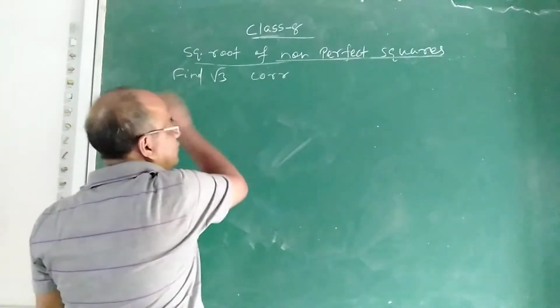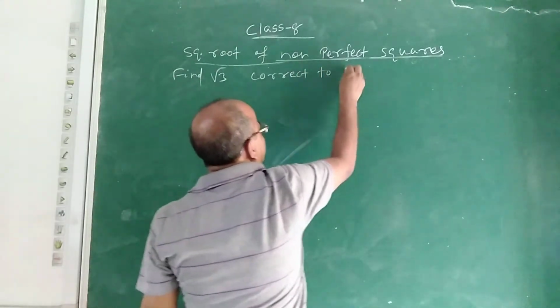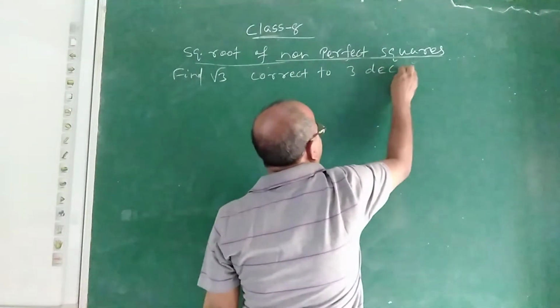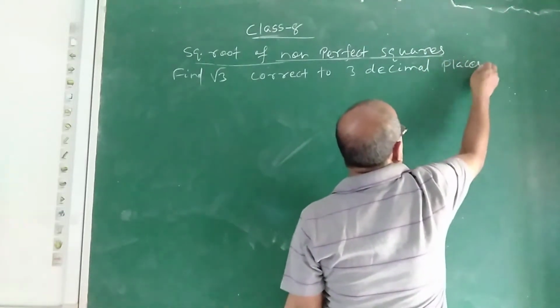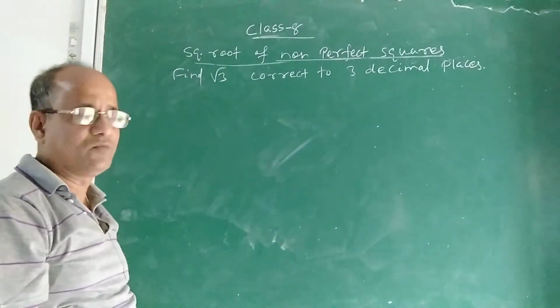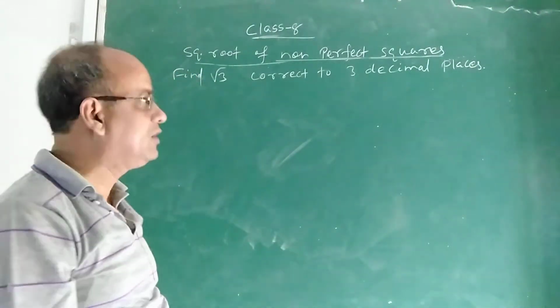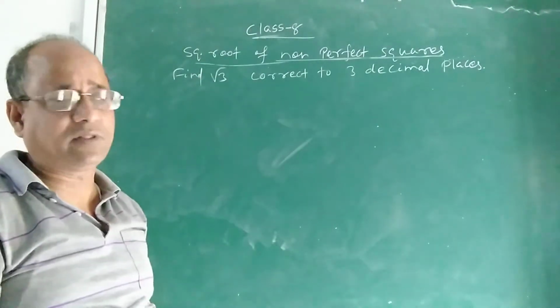Now how to find the square root of 3, correct to, suppose, 3 decimal places? What is the meaning of correct up to 3 decimal places?